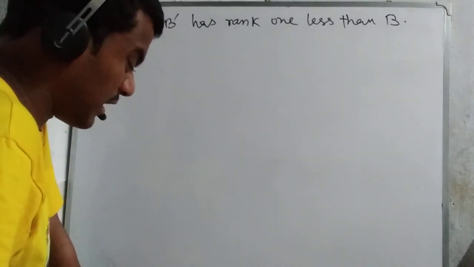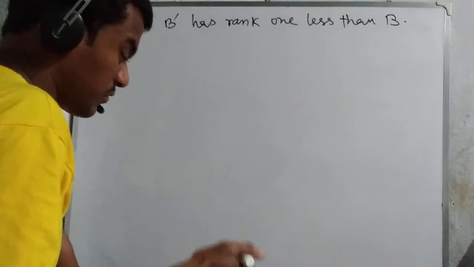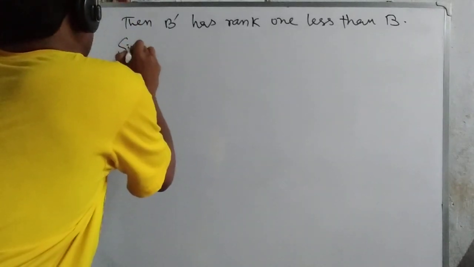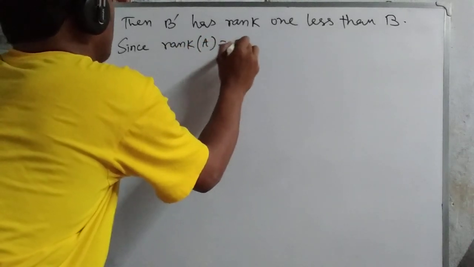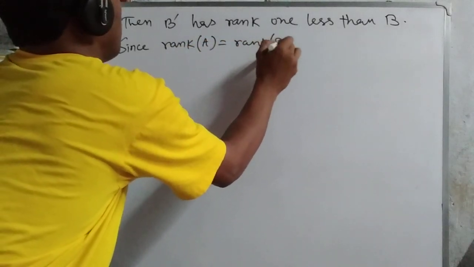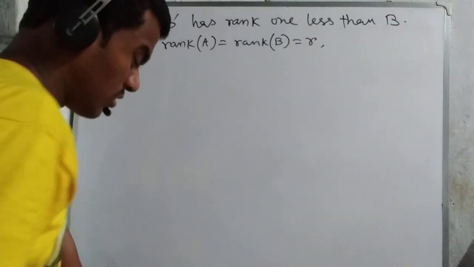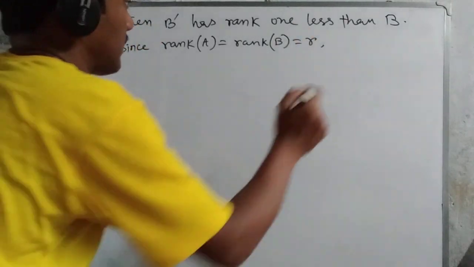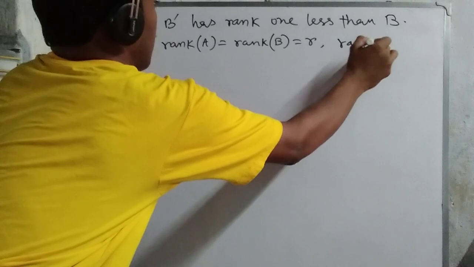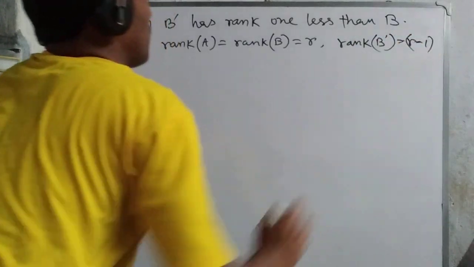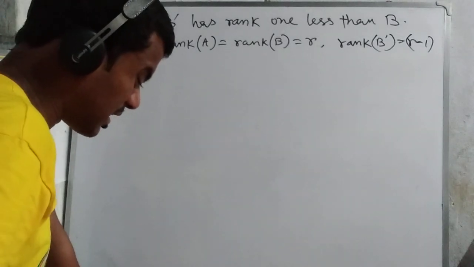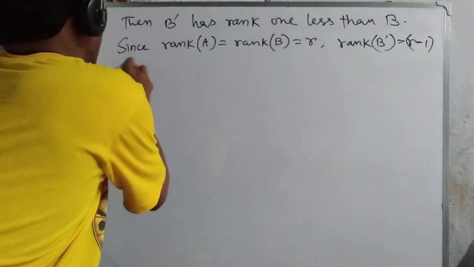Since rank of a equals rank of b equals r, and rank of b dash equals r minus 1.